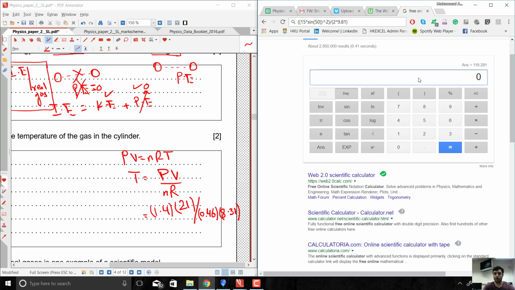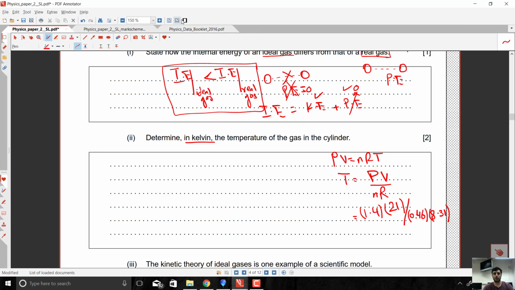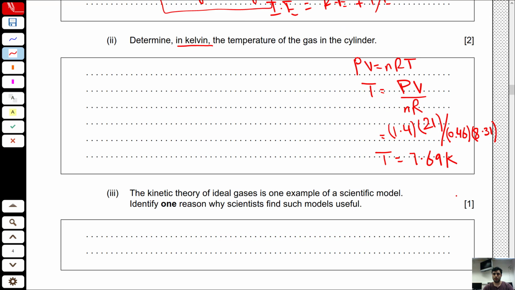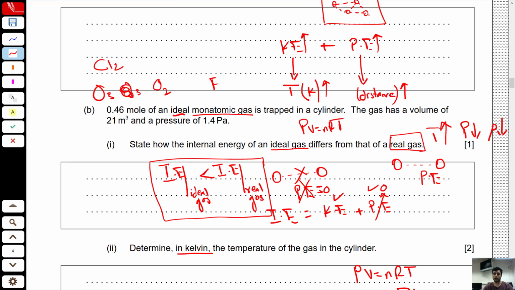Bracket open 1.4 times 21, bracket close, divided by bracket open 0.46 times 8.31, equals 7.69. So the temperature is around 7.69 Kelvin. It's pretty low temperature. And you can see the temperature is kept quite low here.